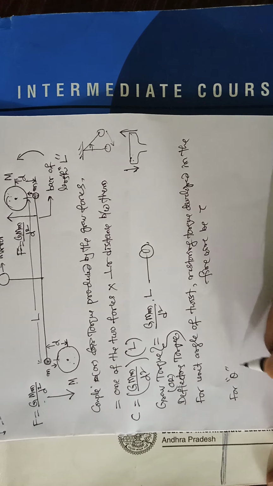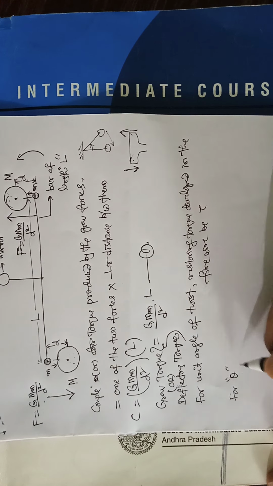Under equilibrium, gravitational torque is equal to restoring torque. See here, the gravitational torque is deflecting the bar anti-clockwise. The restoring torque will be clockwise.